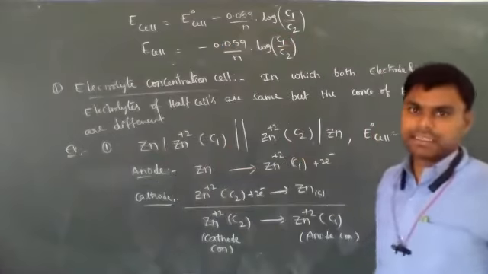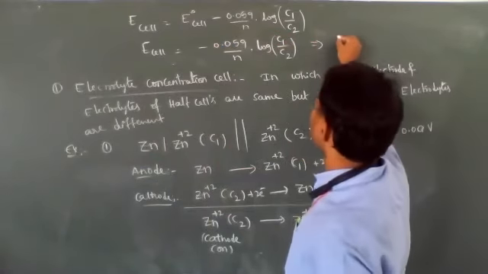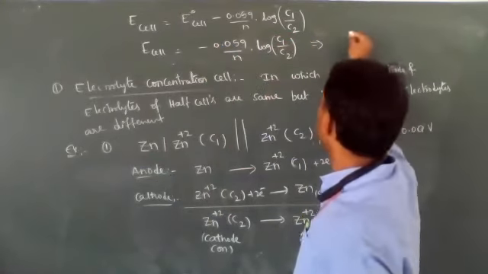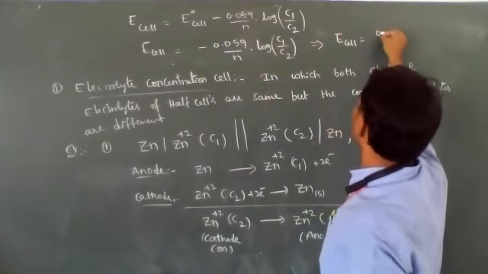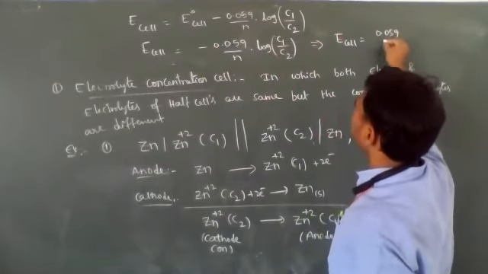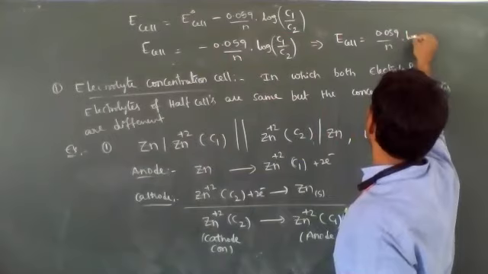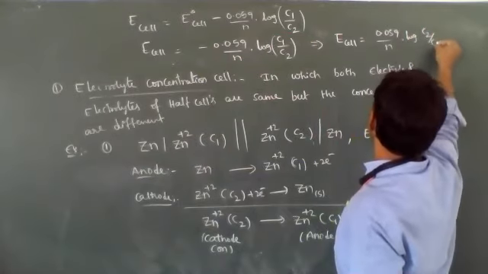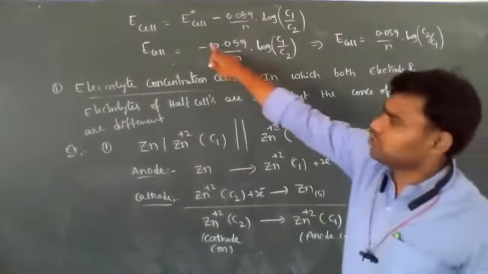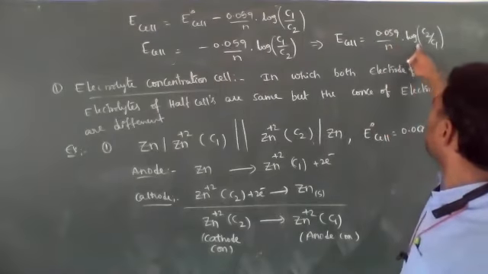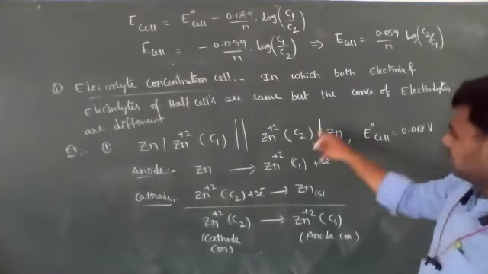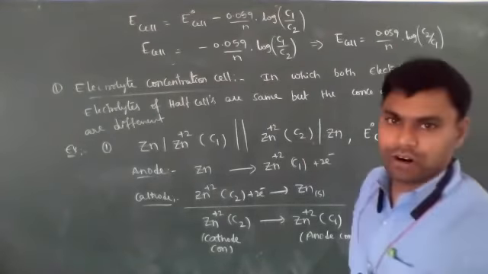To remove the negative sign, E cell is equal to 0.059 by n into log C2 by C1.